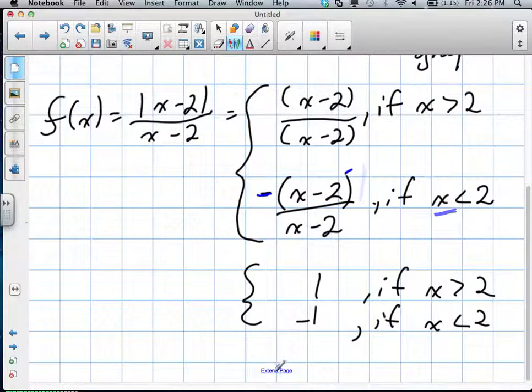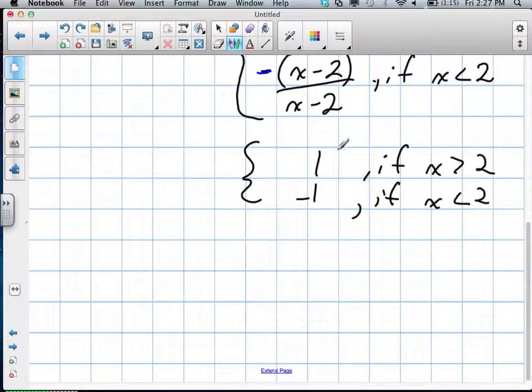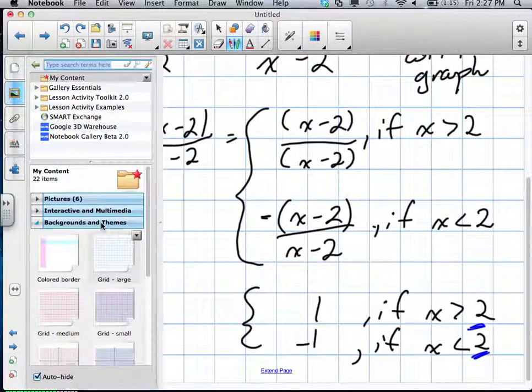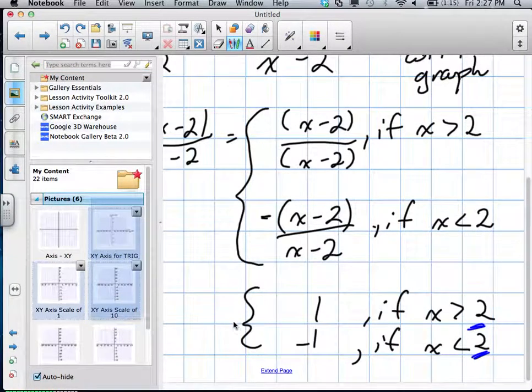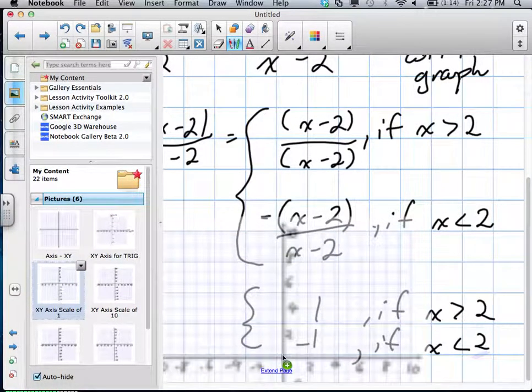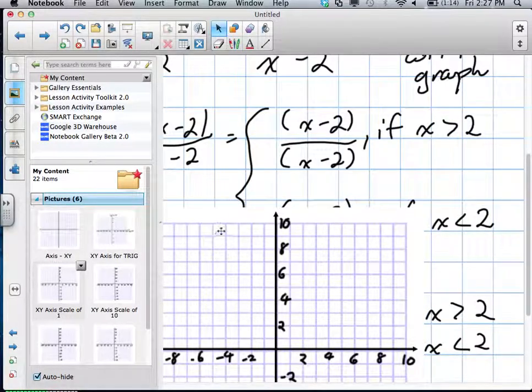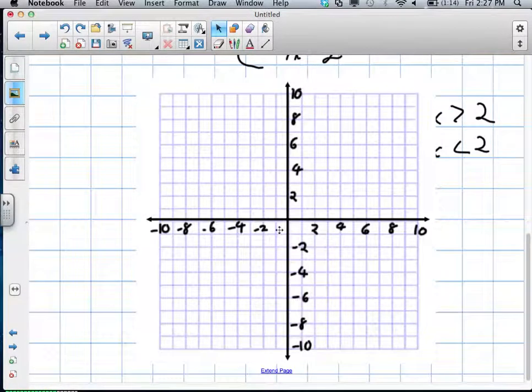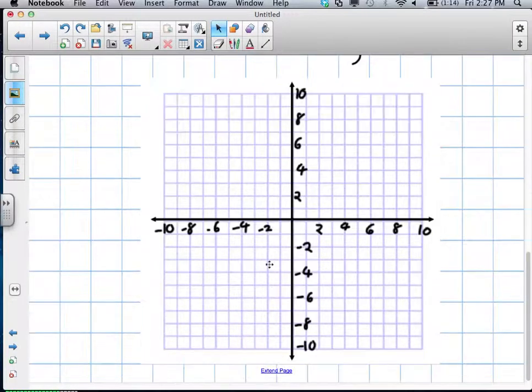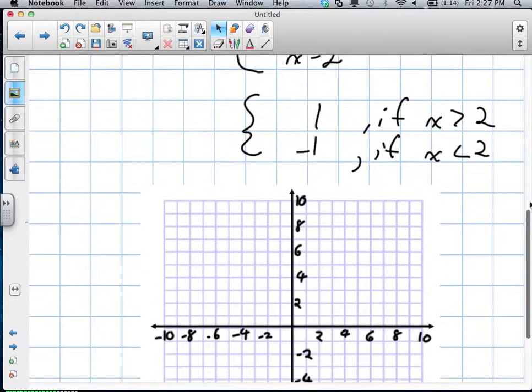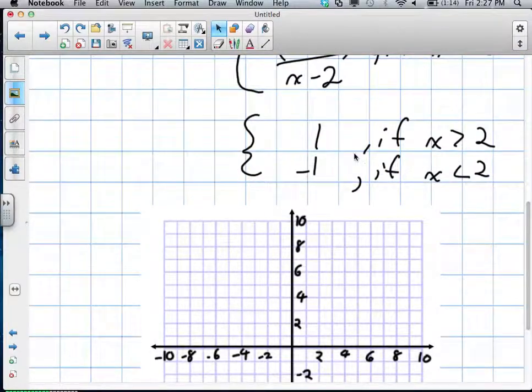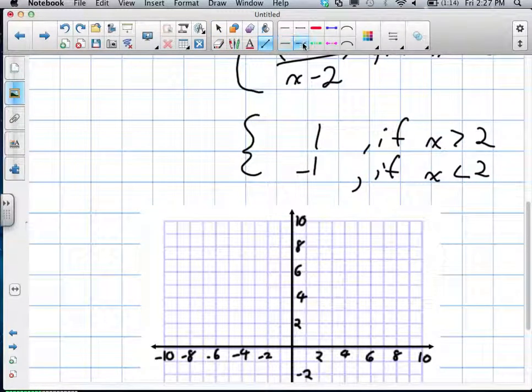So if we were to draw a graph of something like that, knowing that 2 is our very important piece here, bring in our graph. Here we go. So what that means is when x is greater than the number 2, at the value of 2, we're going to put a dotted line across there for now.